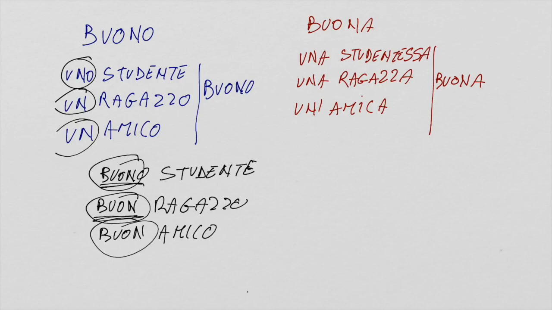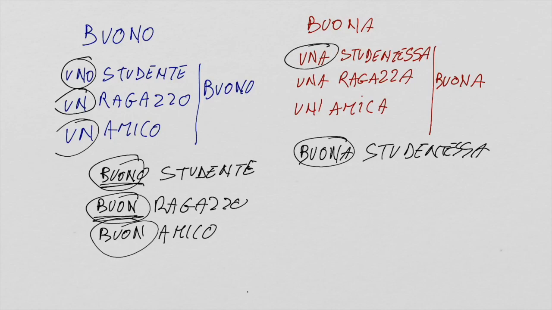Let's see what happens with the feminine nouns. Studentessa. I have buona studentessa, since buona works exactly like una.